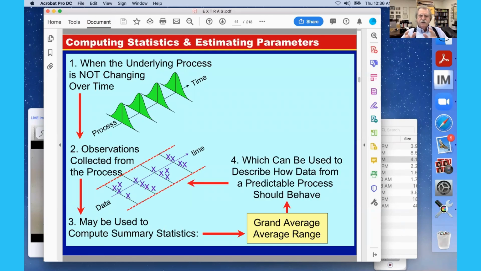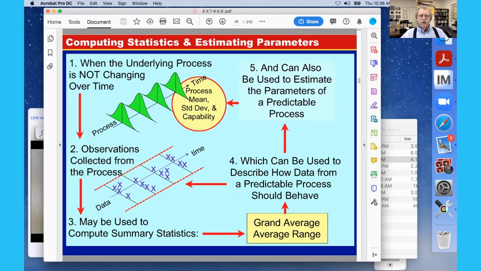Then we can use those summary statistics to calculate limits that describe how a predictable process should behave. And if our data are consistent with our predictions, we can say our process is reasonably predictable, and we can use these same statistics to estimate process parameters, such as the process average, the process standard deviation, the process capability, etc.